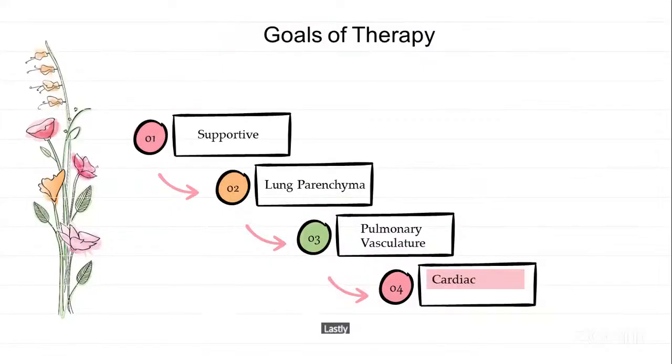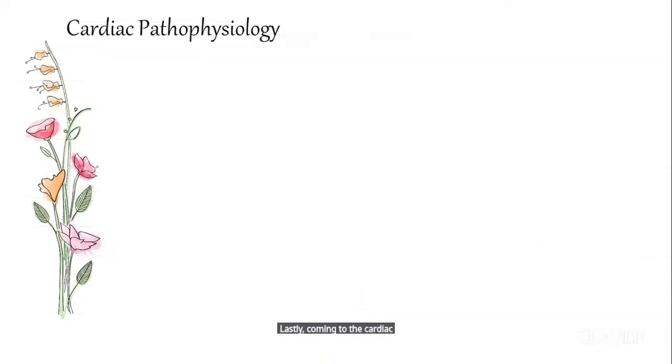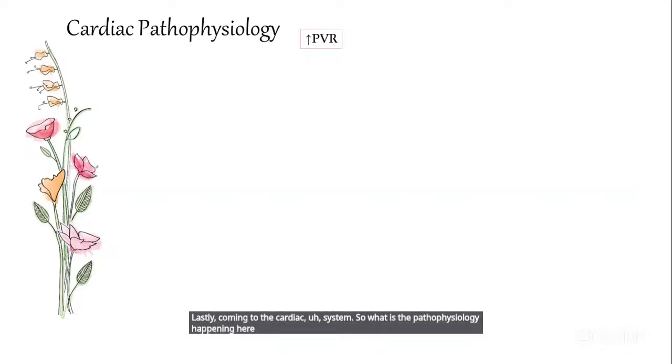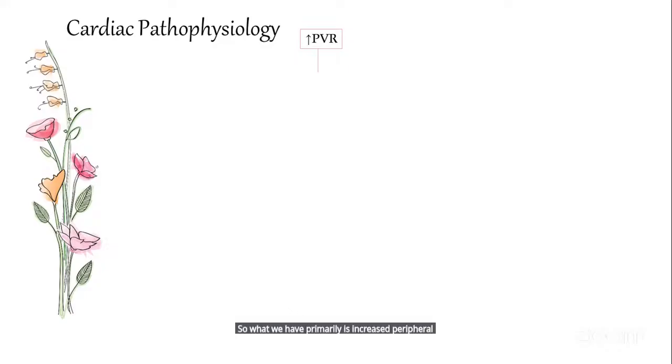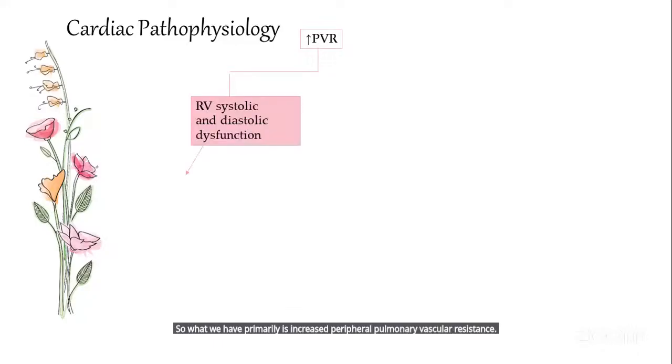Lastly, coming to the cardiac system, what is the pathophysiology happening here? This is a vicious cycle of pulmonary vascular resistance and cardiac output. Primarily we have increased peripheral pulmonary vascular resistance, which leads to RV systolic and diastolic dysfunction, decreasing RV output and also RV filling.